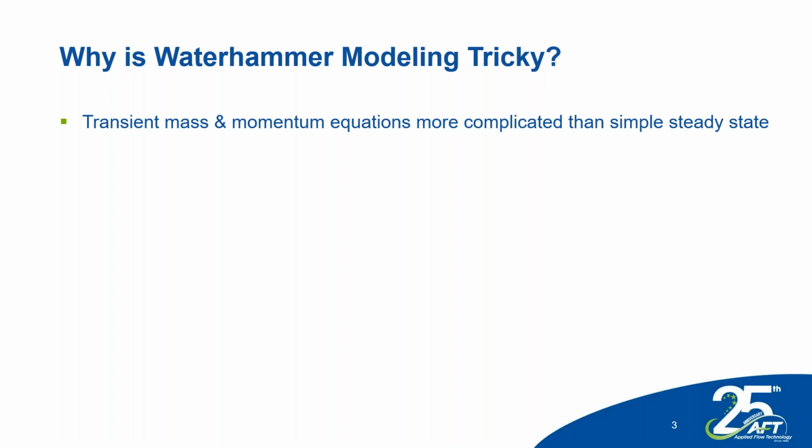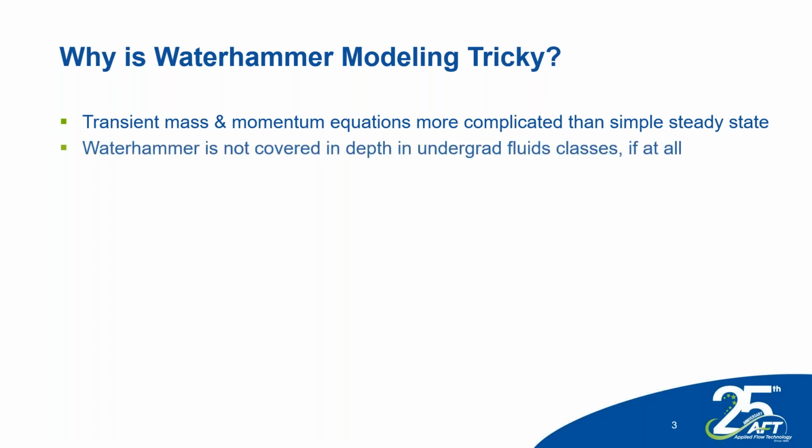If you're using AFT Fathom for doing steady state hydraulics in your piping system, it's pretty intuitive and easy to do because everyone has a pretty good understanding of simple steady state flow from fluid mechanics. But when you start throwing things into the transient ball game, that's where it definitely takes it up a whole other notch.